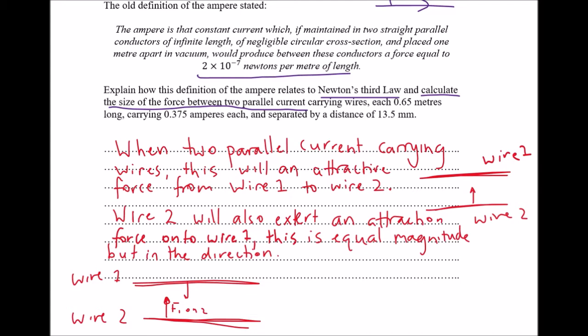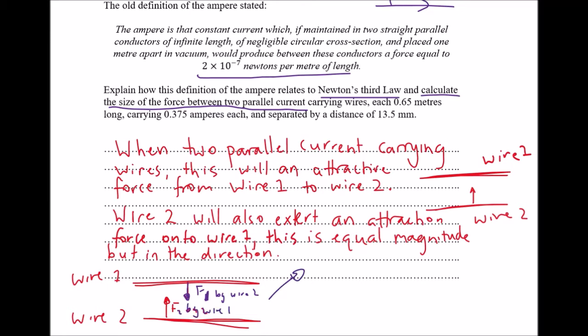And then if we have a look in terms of wire 2, okay, it's going to pull wire 1 down here. So force on 1 by wire 2, and then we'll call this force on 2 by wire 1.